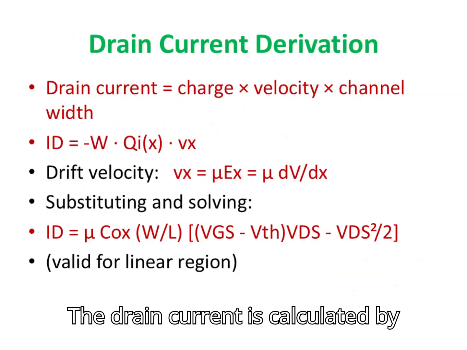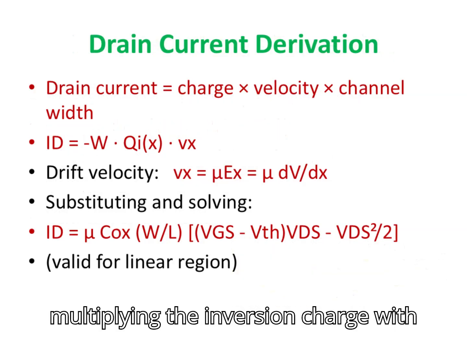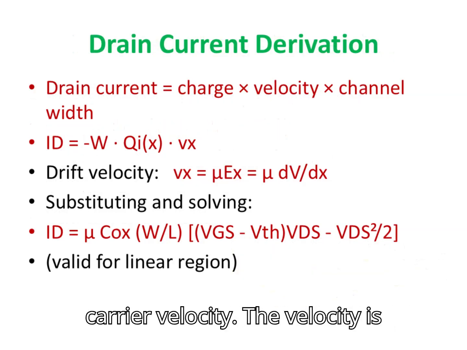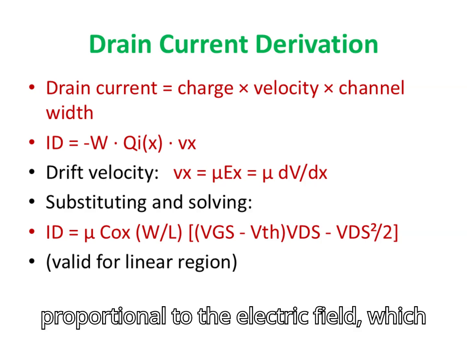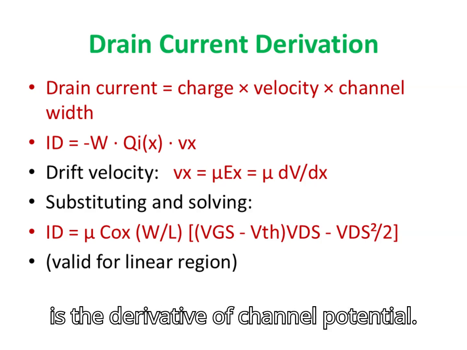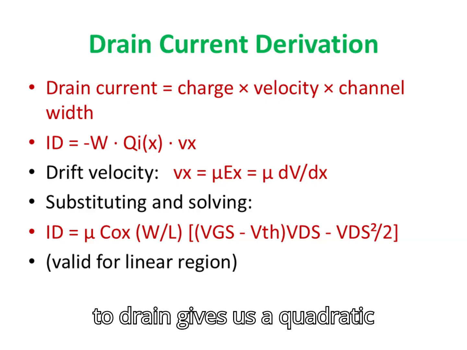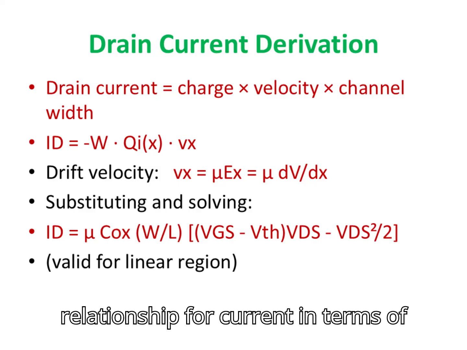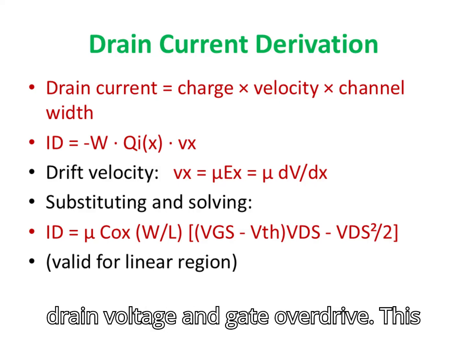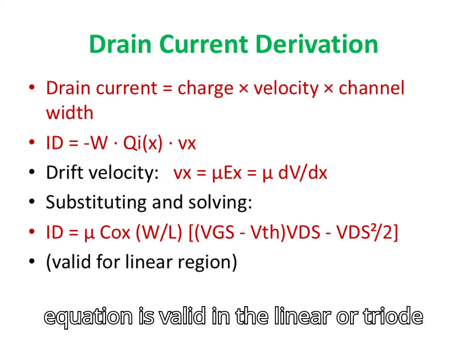The drain current is calculated by multiplying the inversion charge with carrier velocity. The velocity is proportional to the electric field, which is the derivative of channel potential. Substituting and integrating from source to drain gives us a quadratic relationship for current in terms of drain voltage and gate overdrive. This equation is valid in the linear or triode region.